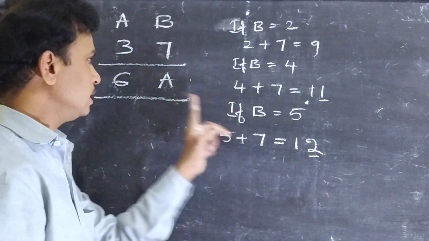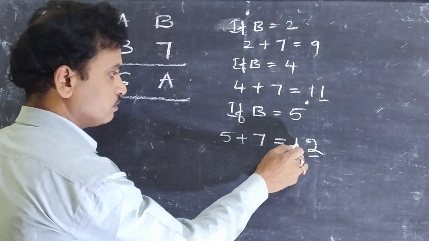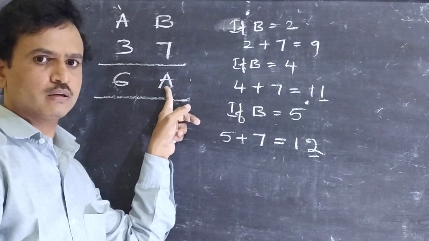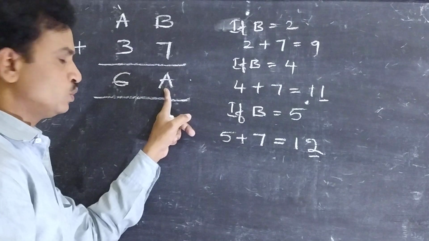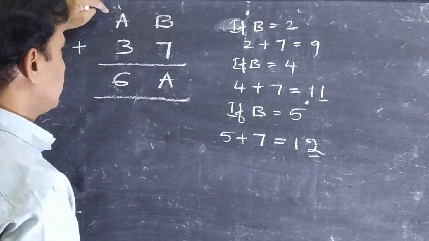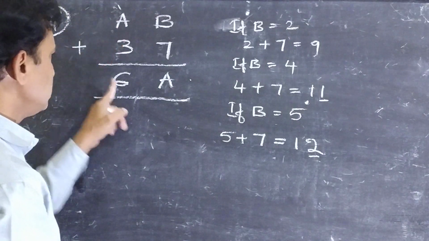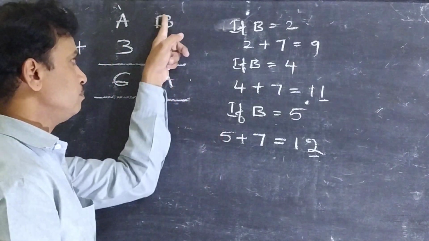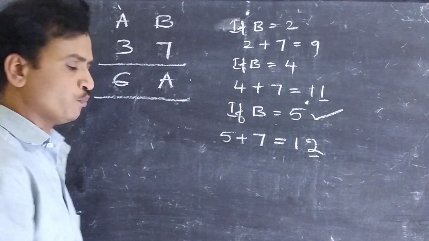That means A is equal to 2. Now 12 means you have to carry 1 here. Then we can take A is equal to 2. Here 2 is remaining. Then 2 plus 1, 3. 3 plus 3 is 6. That means we should take B is equal to 5.